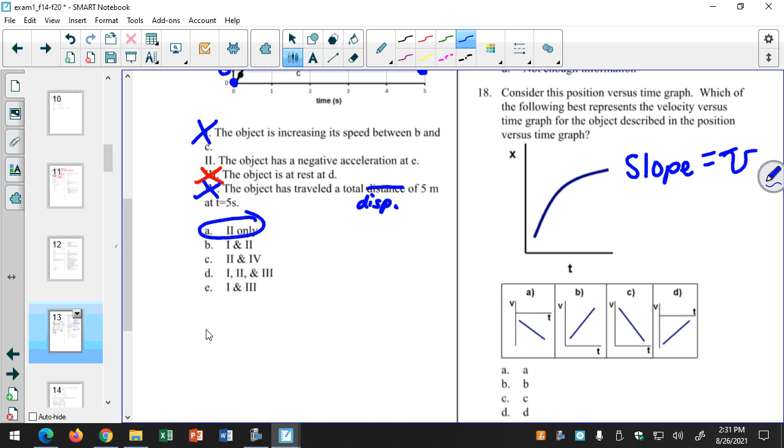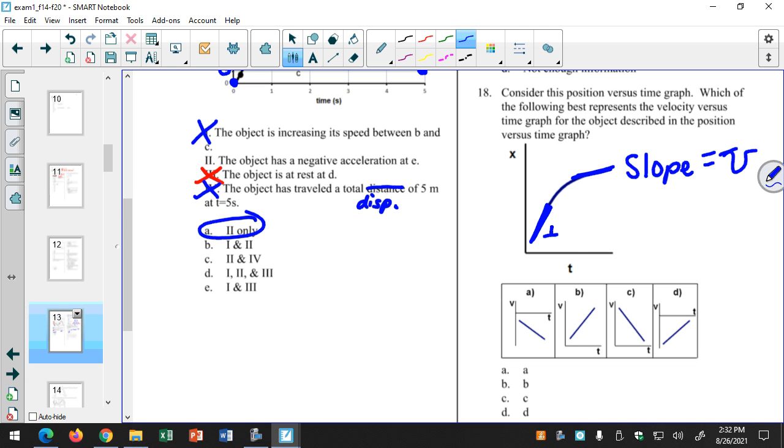Position versus time, the slope is the velocity. Tell me about the slope right here. Is it big or small, the slope, compared to the rest of the graph? Big or small slope? Big slope, because it's really steep, right? As opposed to over here, where it gets small. Is the slope positive or negative along this graph?